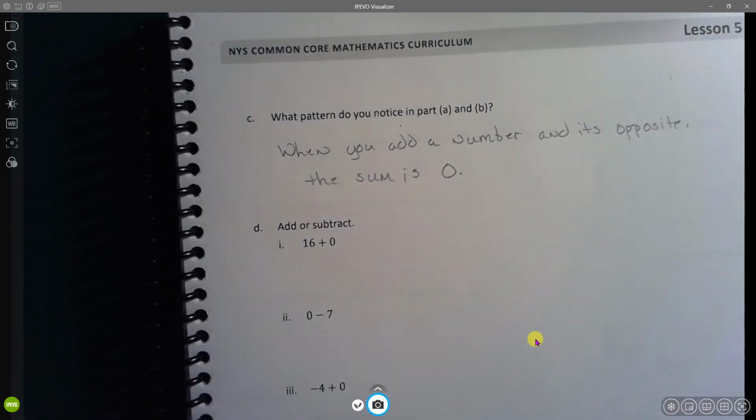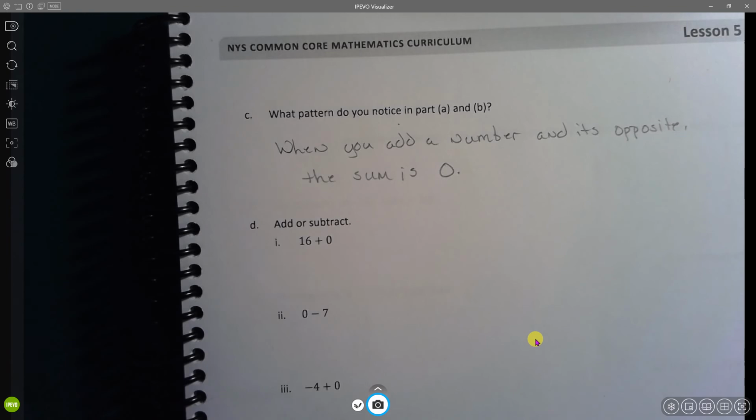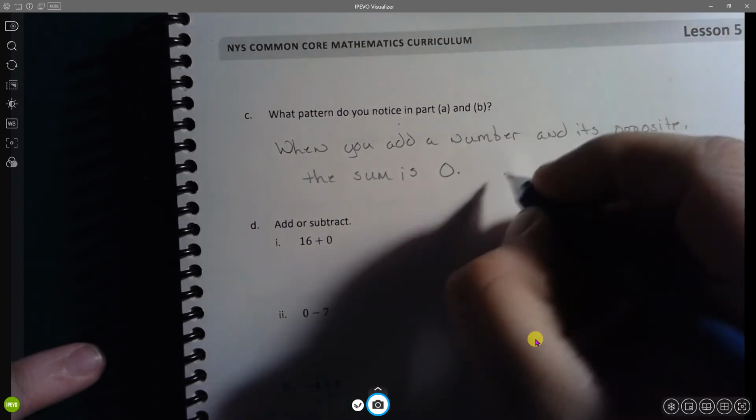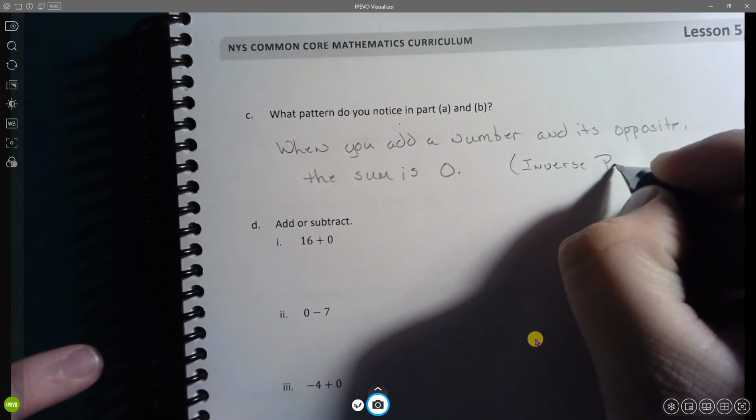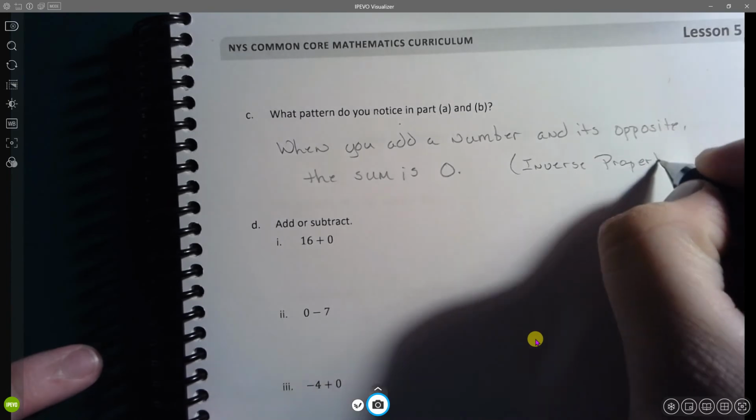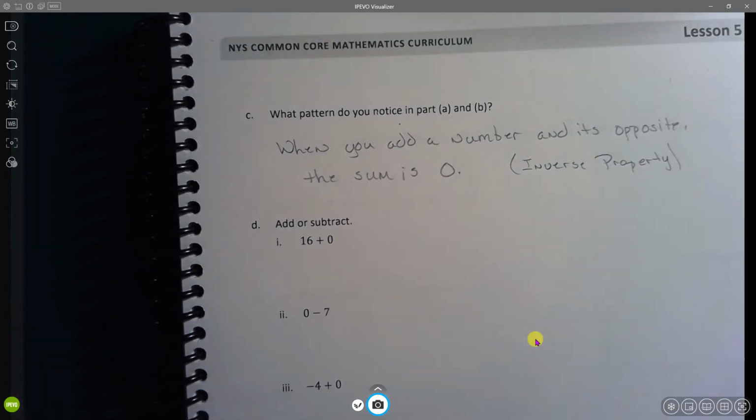That is the key thing here. That's what you need to know. The pattern is that when you add a number and its opposite, the sum is always 0. This is what we call the inverse property.